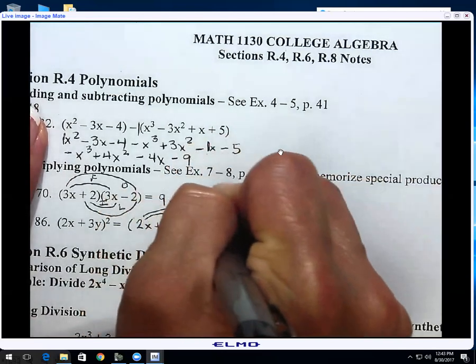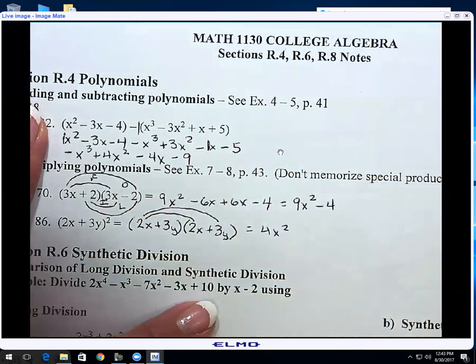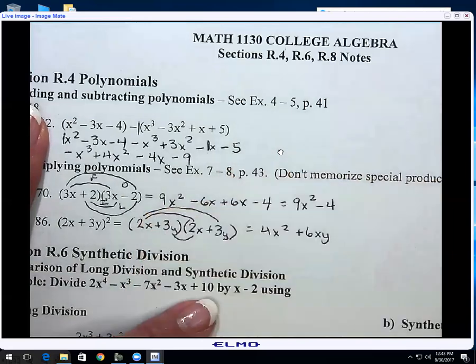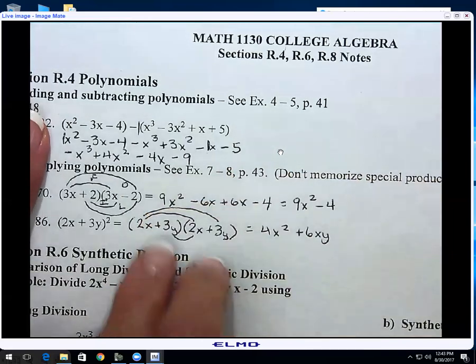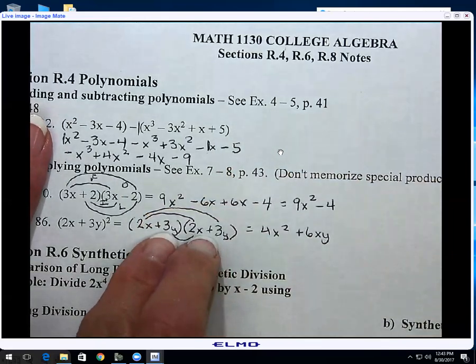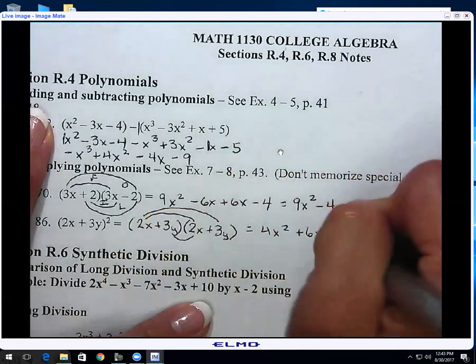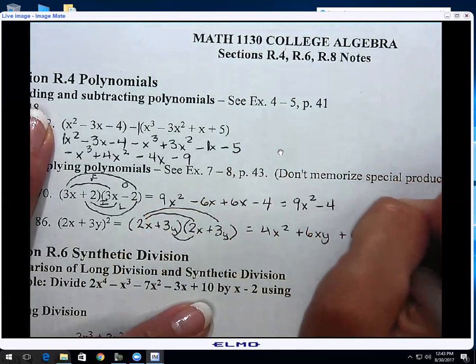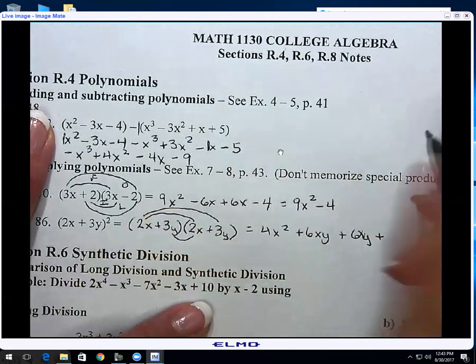Outer would give you what? 6xy. Inner would give you 6xy. And last would give you 9y squared.